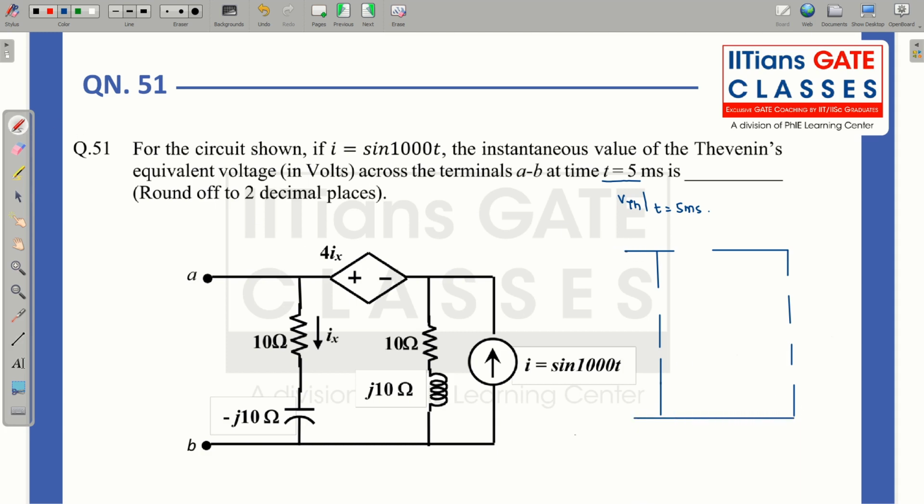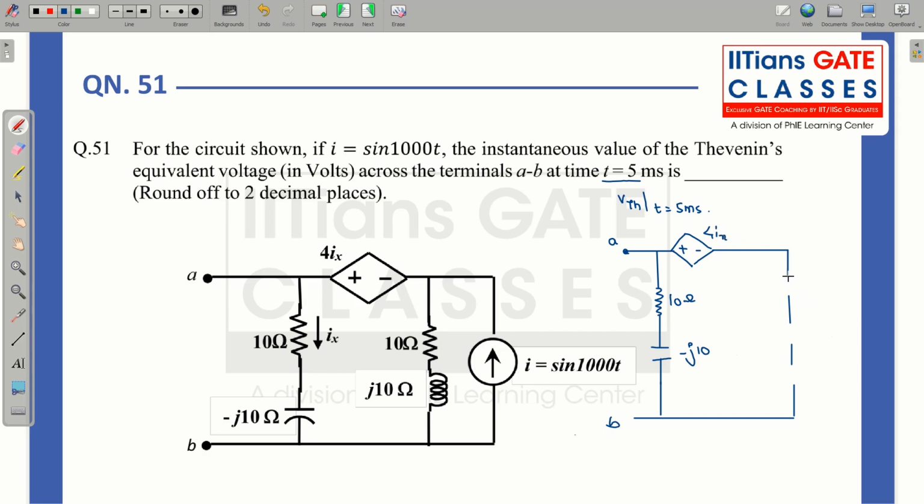So this will be A, this is B, this is 10 ohm, this is minus J10, this is 4Ix.